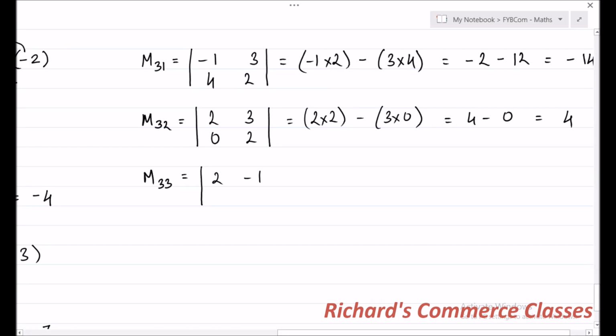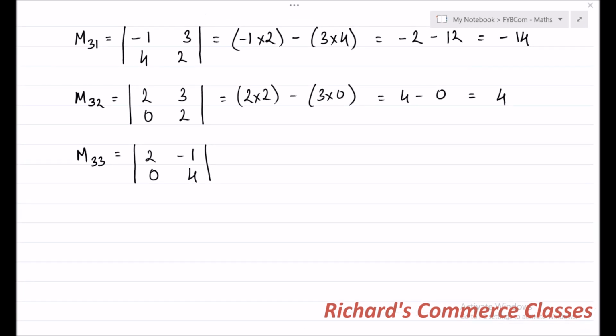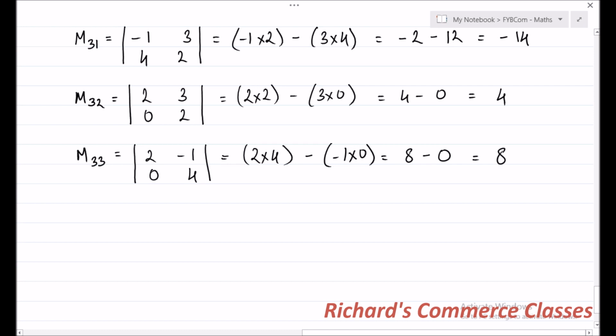Solving this, it will be 2 into 4 minus 1 into 0, which is equal to 2 into 4 is 8 minus 1 into 0 is 0. Answer is 8.